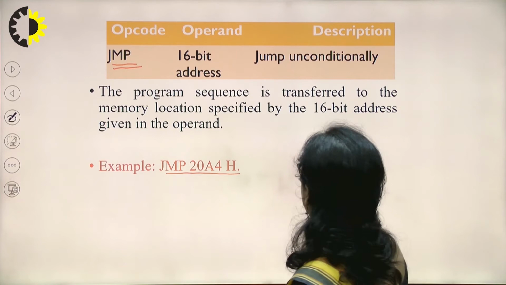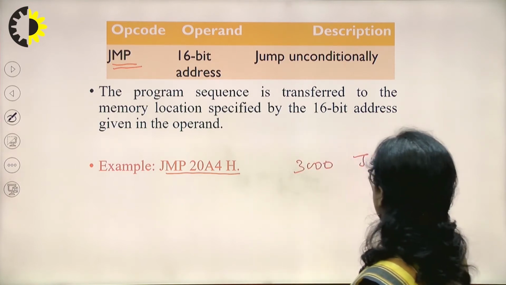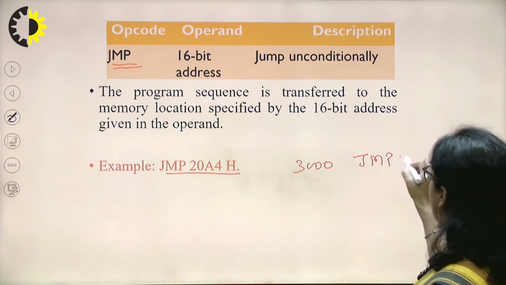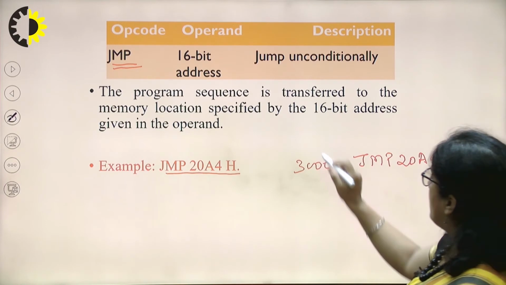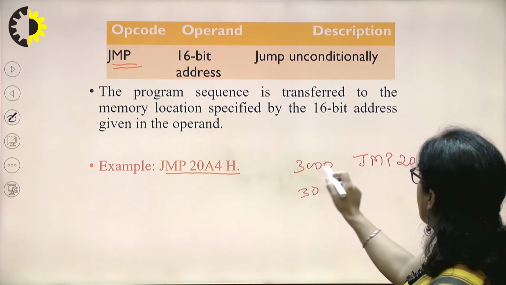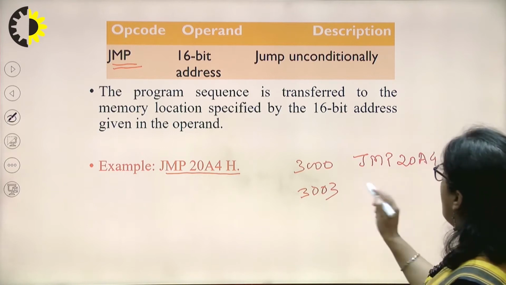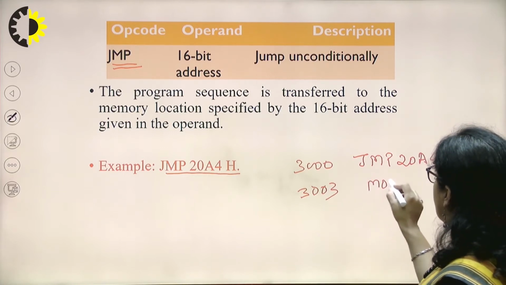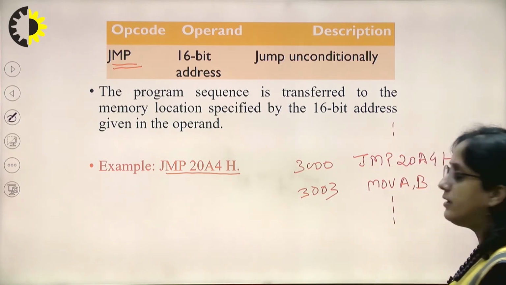Suppose this instruction is written at 3000 location in a program. So the next instruction will be at 3003, the third location. It is written as MOV A comma B. So in this way this program is written.